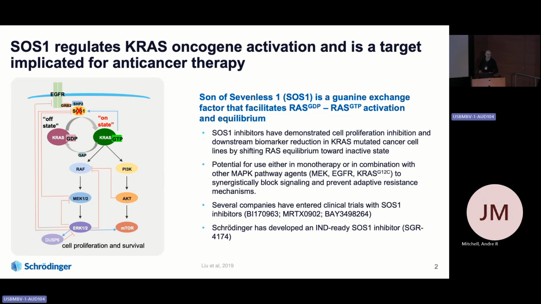Many other companies also have pursued this approach and have entered clinical trials with SOS1 inhibitors. We at Schrödinger in the therapeutics group launched our own SOS1 inhibitor program and culminated in the development of an IND-ready SOS1 inhibitor, SGR-4174. And today I'm going to tell you the story of how we used free energy perturbation to help achieve that goal.